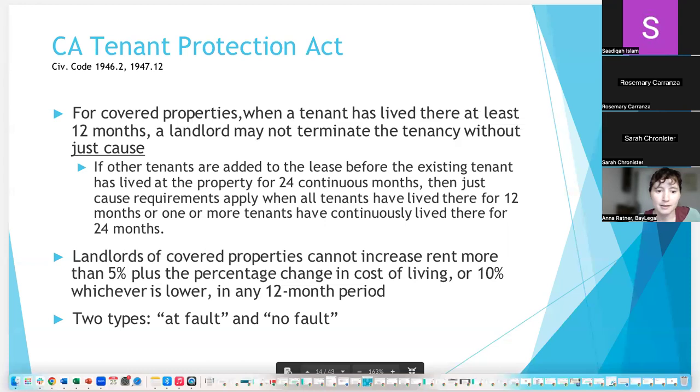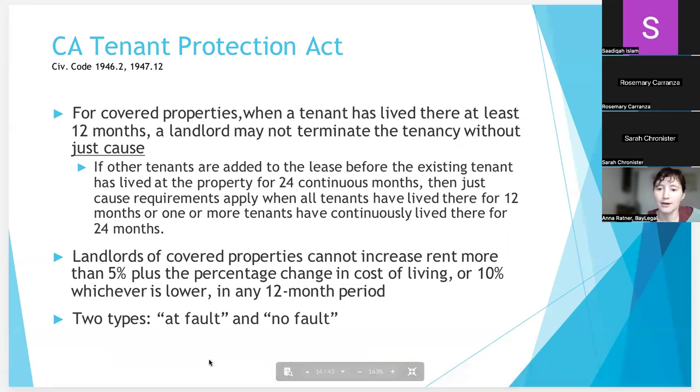At that point, a landlord can only evict a tenant for what's called just cause. Basically, the landlord is no longer permitted to do a no reason eviction. They have to state a reason, and the reason has to be one of the types of reasons enumerated in the statute.